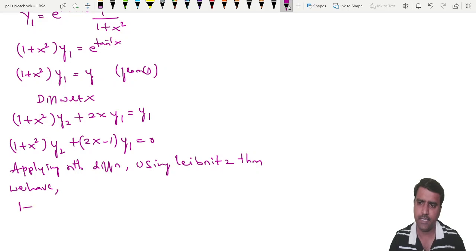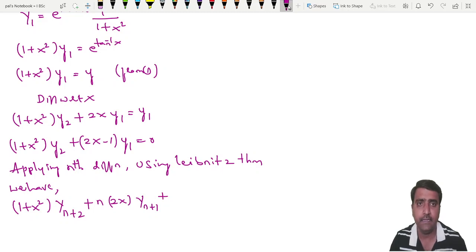We have that. Take 1 plus x square, and first I am applying nth differentiation for 1 plus x square by 2. Its nth differentiation is 1 plus x square into y n plus 2. Next step plus nC1, where nC1 means n, you write it directly as n. It is n into the differentiation of 1 plus x square, which is 2x, and reduce a number from y n plus 2, so it is y n plus 1.